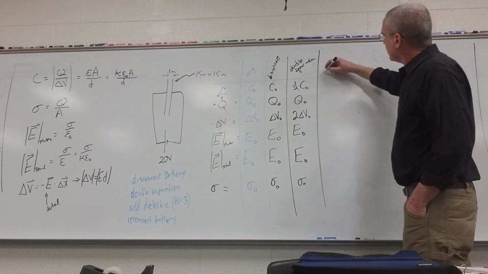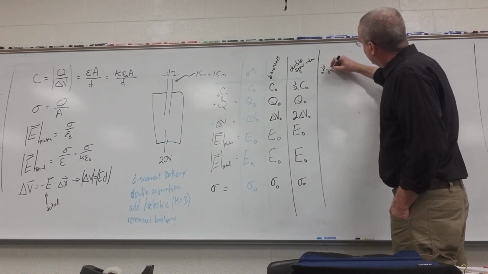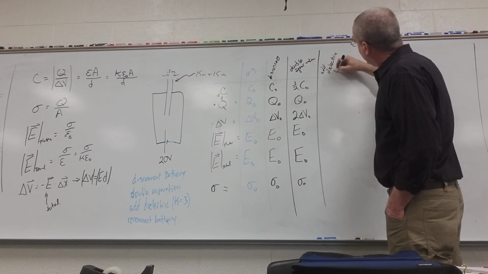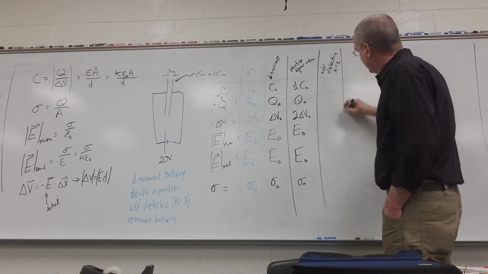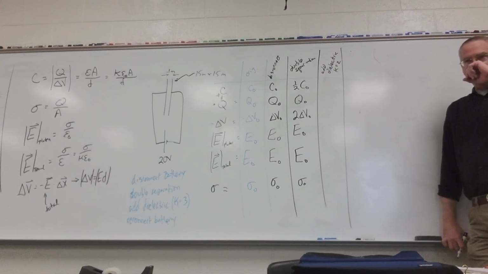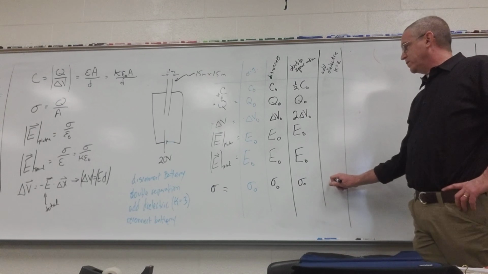Then we add dielectric. Dielectric with kappa equal to 2. Sigma would stay the same. Why is sigma going to stay the same?